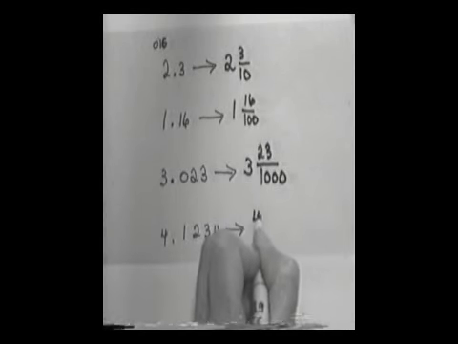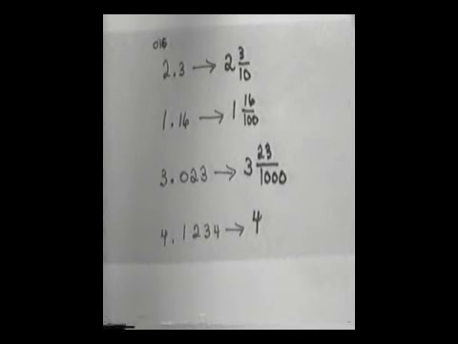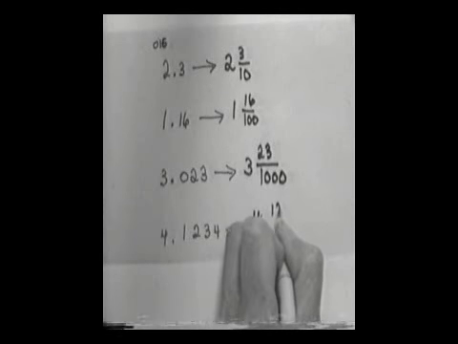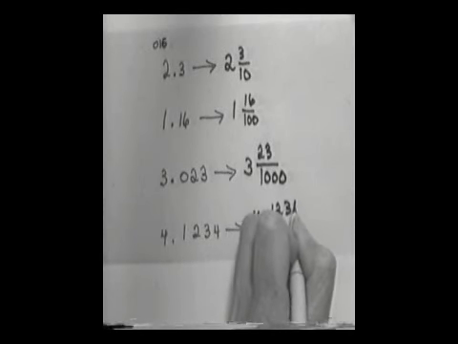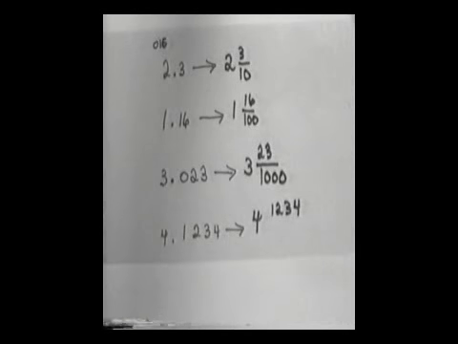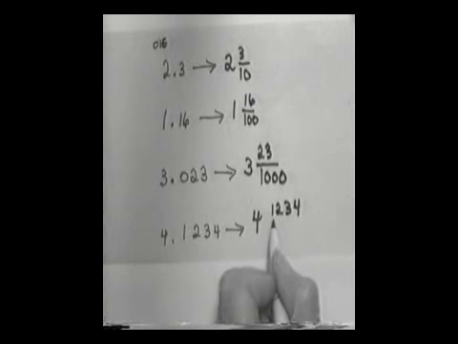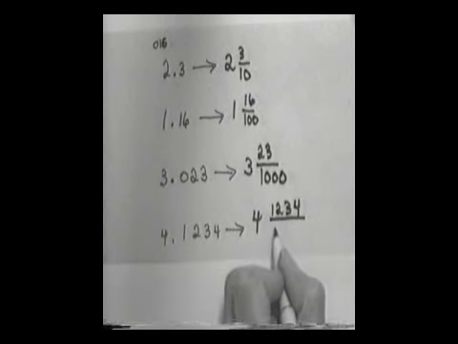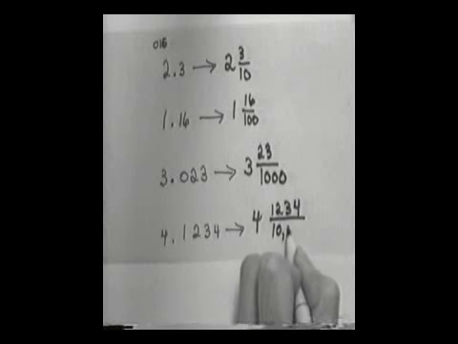Let's look at another one. The whole number is 4, and 1,234 is the decimal part that we see, the fractional part. The denominator of the fraction, since it goes tenths, hundredths, thousandths, 10,000ths, is 10,000.